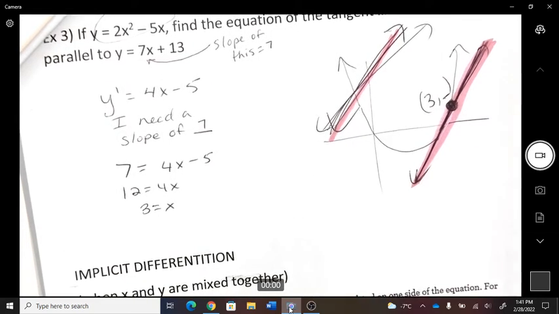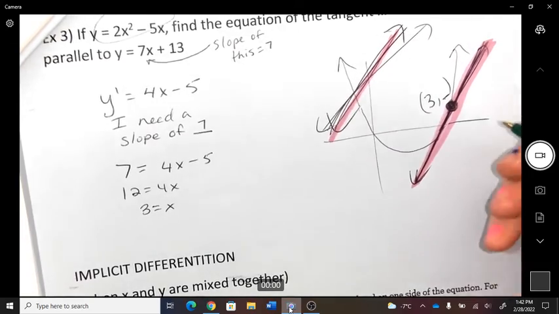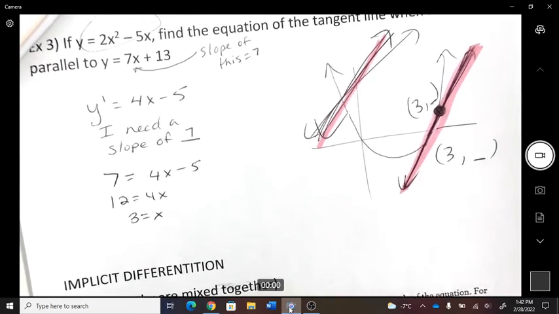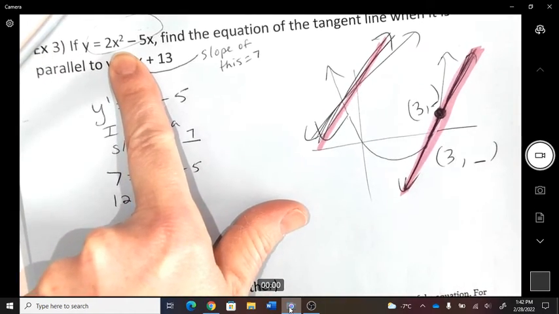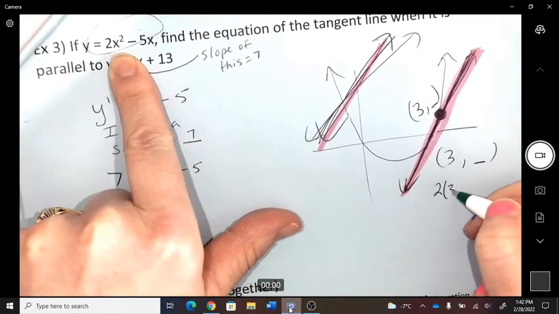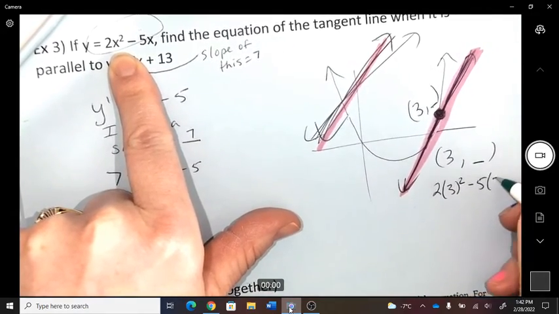I need a coordinate though. 3 comma what? That's the point that I'm going through. Okay, so how do you get this? What are you going to plug it into? 3 comma, you're plugging it into the original equation. So 2 times 3 squared minus 5 times 3.